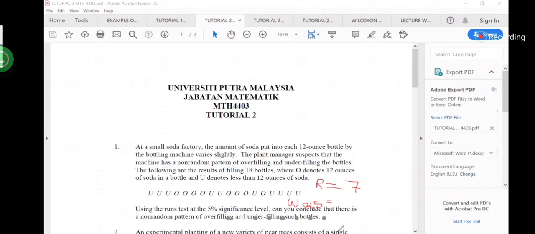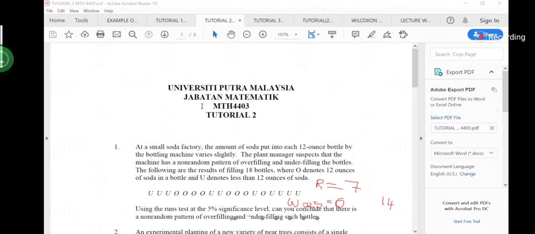Because you have to divide this equally by 2, here should be 6. And the upper critical value should be 14. So reject H0 or not? Not reject. So there is a random pattern.